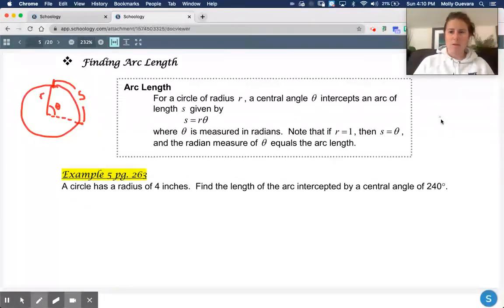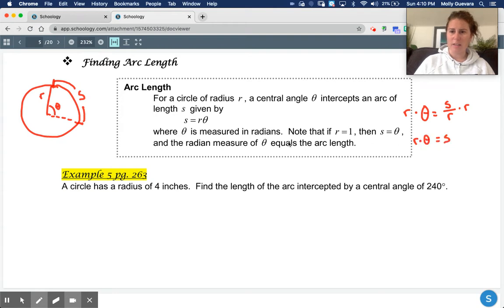And remember that we used that equation last time that theta was equal to the arc length divided by the radius. Well, this is just the same equation. All I've done is I've multiplied by the radius on both sides. So I get r times theta equals the arc length. So it's the same equation as the one that we used previously in this section, just modified it a little bit.